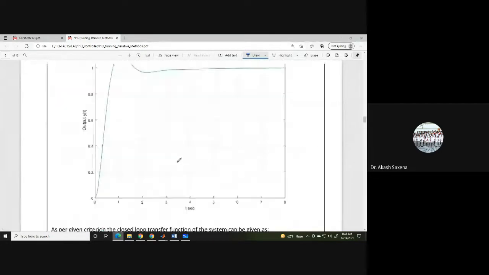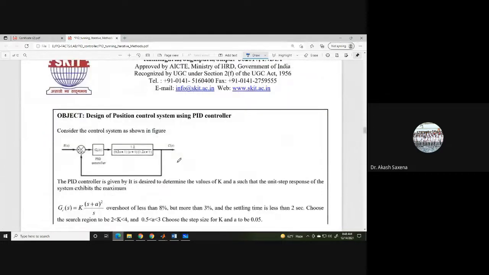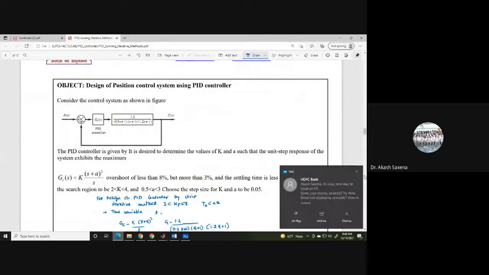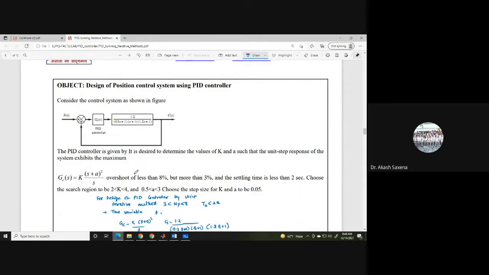Now, a similar thing you can do for designing the PID controller, and you will be able to see that S plus A square by S. If I put this compensator over here, again this is an example showing over here. Again you will do this and you will be able to calculate it.